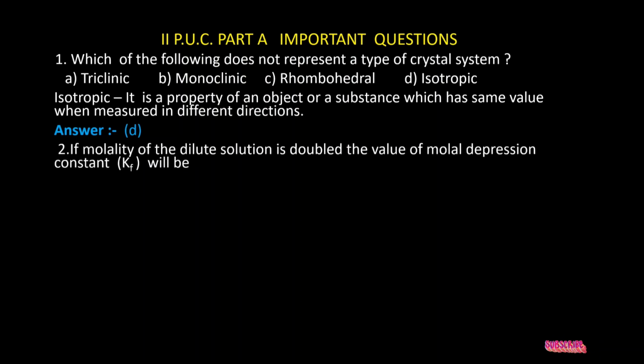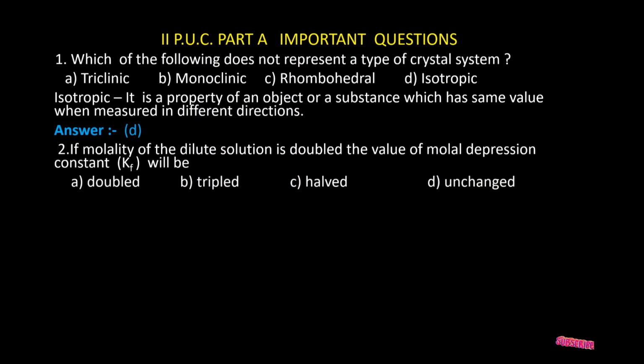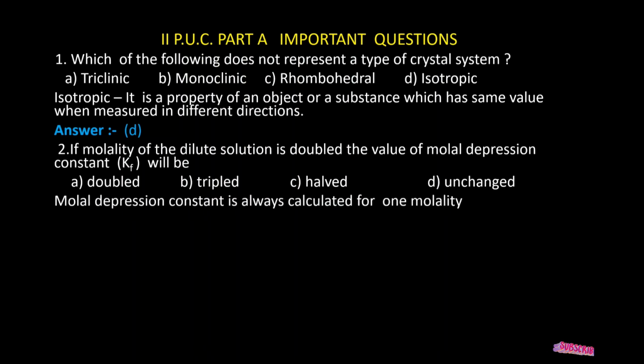Now question number 2. If molality of the dilute solution is doubled, the value of molar depression constant Kf will be A. Doubled, B. Tripled, C. Halved, D. Unchanged. Dear friends, the molar depression constant is always calculated for 1 molality.